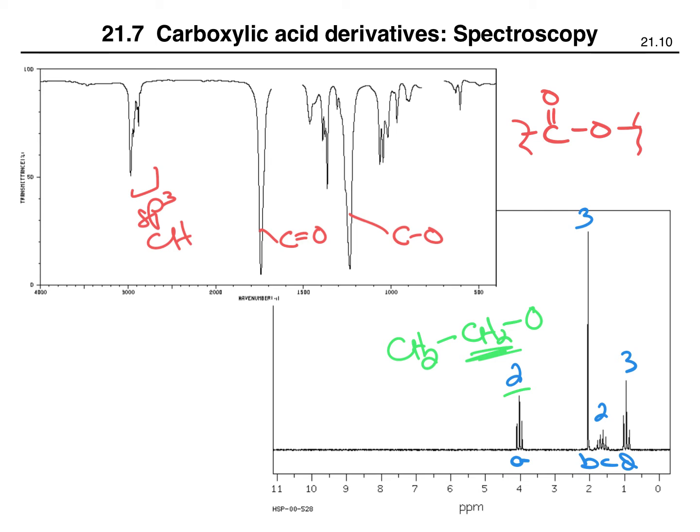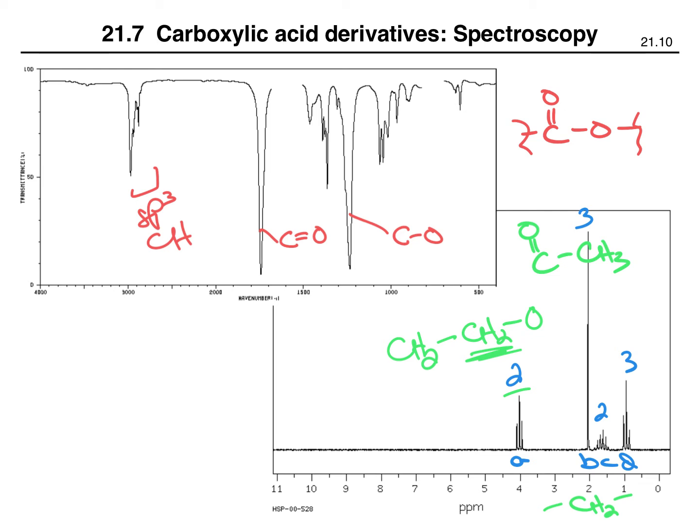Looking at signal B, this integrates to 3, so this is a CH3 group, and it absorbs just over 2 ppm, so that's consistent with a carbonyl. C integrates to 2 hydrogens, so that would be a CH2 group, and it has lots of neighbors, nothing especially electron withdrawing.